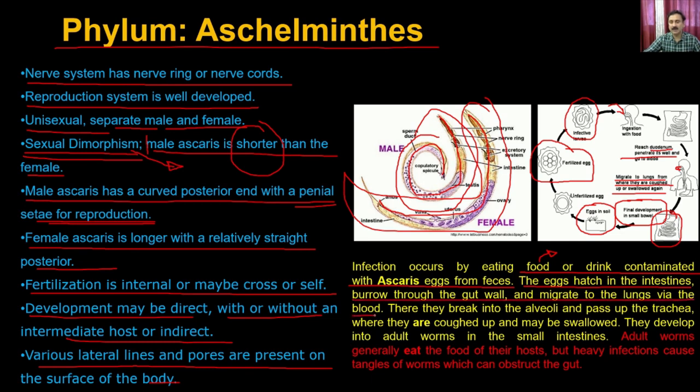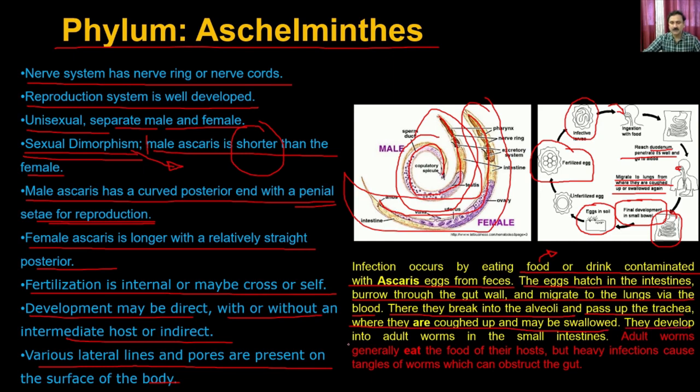In the lungs, they do all the development. They reach the alveoli, they pass through the trachea, and they come out by coughing, reach your mouth, and then get swallowed.